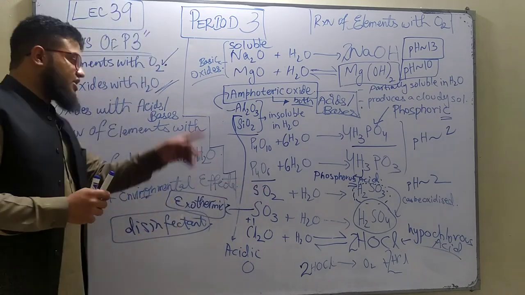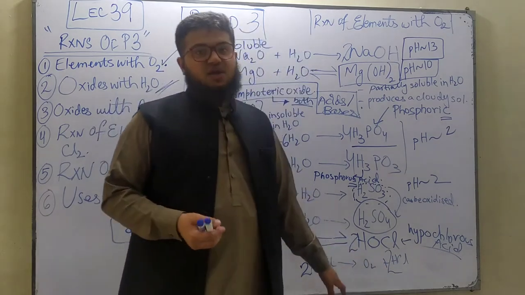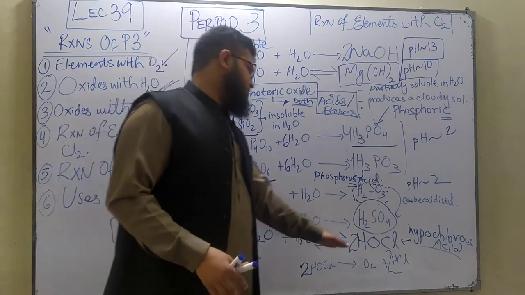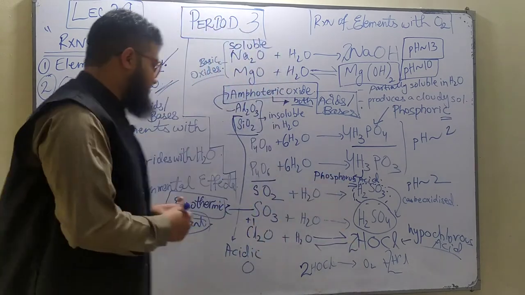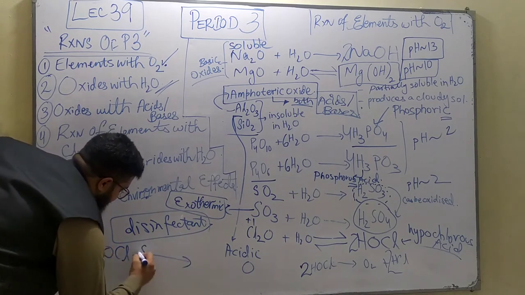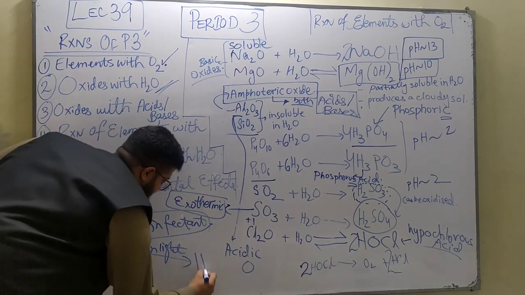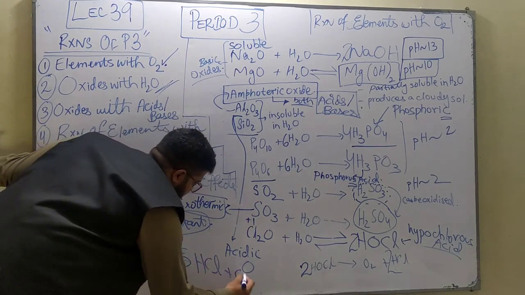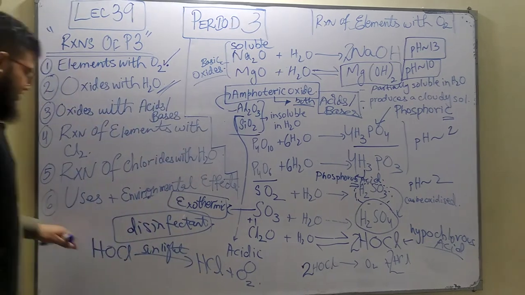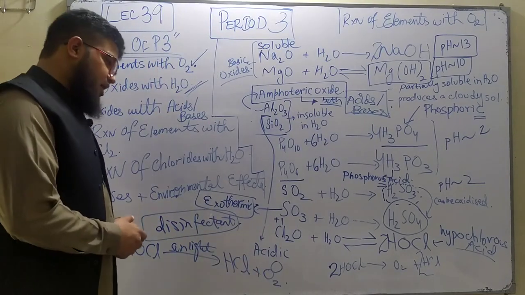It's the HOCl that is added, a derivative of chlorine, to the swimming pool water or the drinking water, which kills all the germs in there. It is a disinfectant, and this HOCl, in presence of sunlight, can further be broken down into HCl along with oxygen.